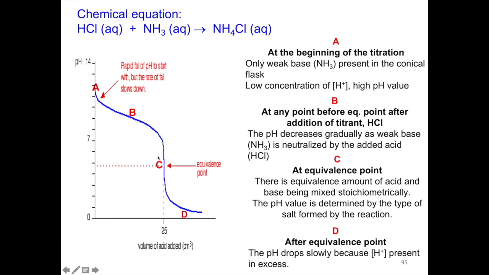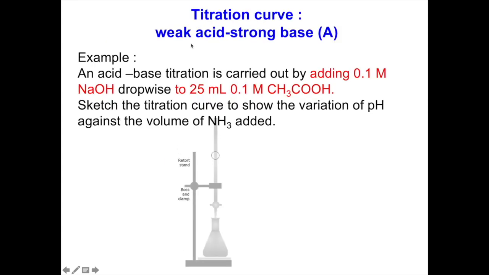Alright, next is the titration curve for the titration between weak acid and strong base. The acid-base titration is carried out by adding 0.1 molar sodium hydroxide dropwise to 95 ml of 0.1 molar CH3COOH.